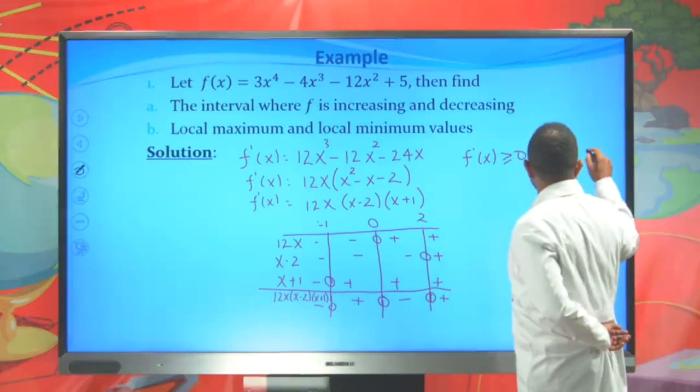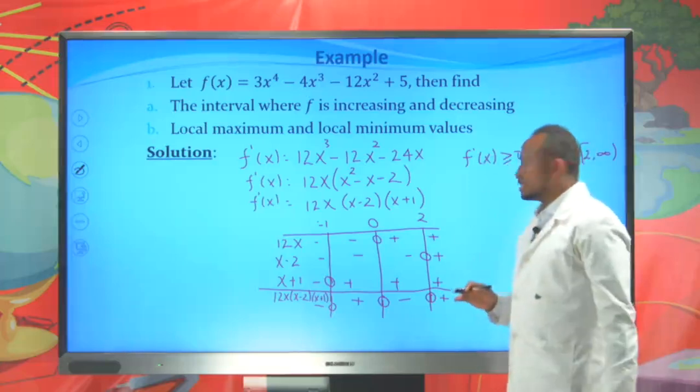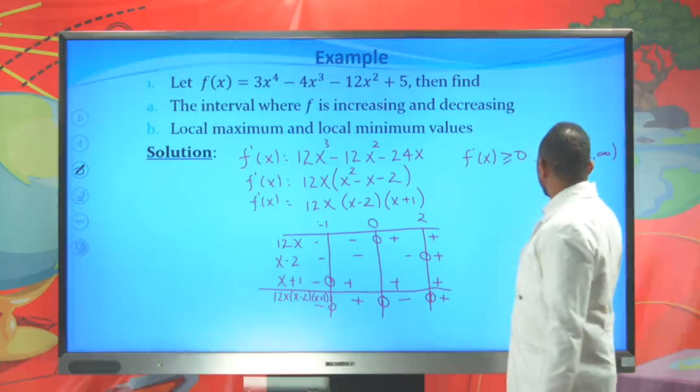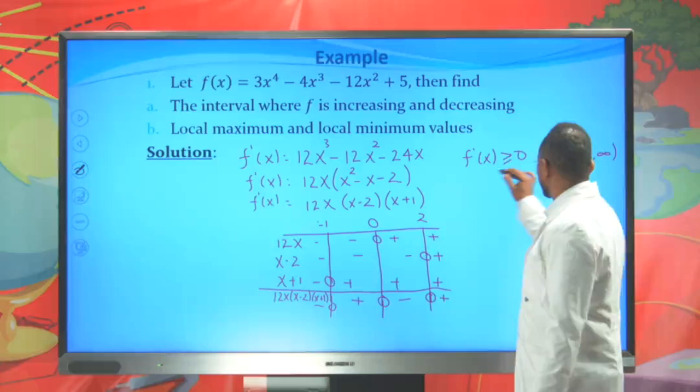Therefore, the function is increasing on this interval. It is increasing from -1 up to 0 and from 2 up to infinity.